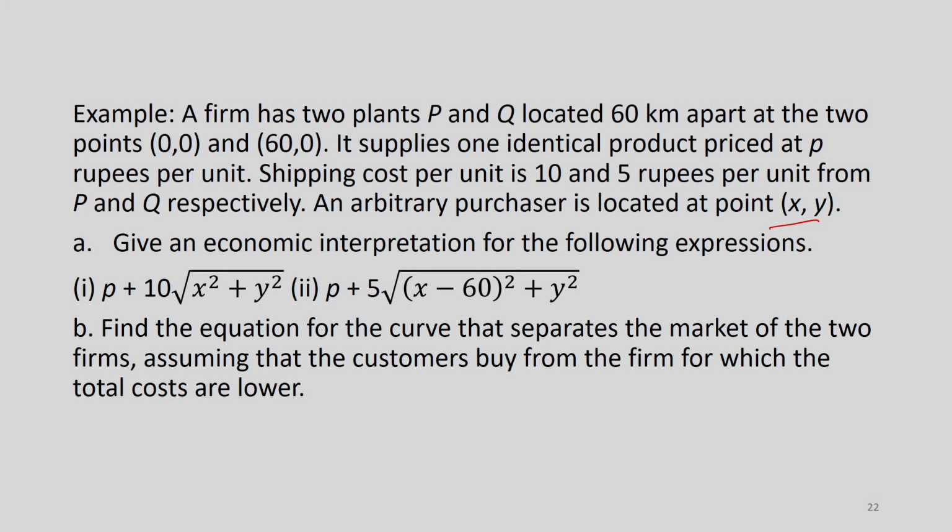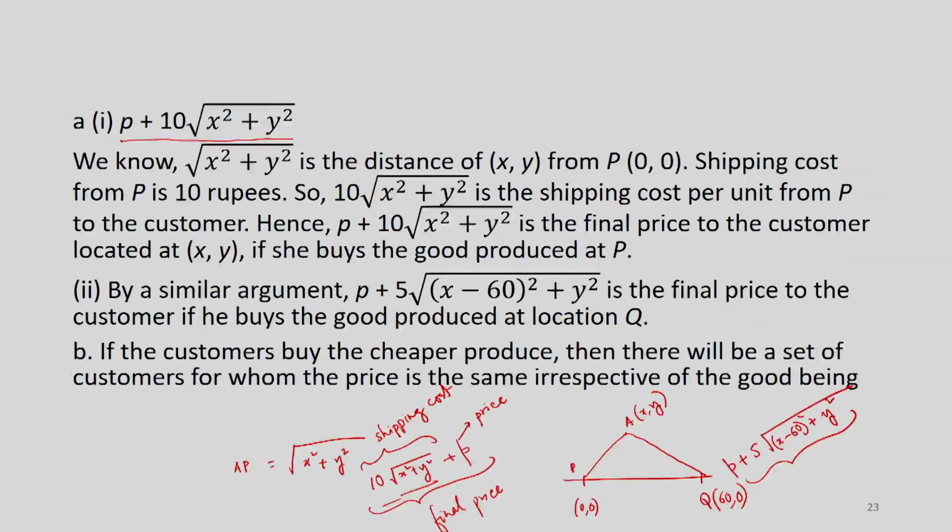One part of the market will buy from P and the other part of the market will buy from Q. So, we have to find that curve which separates these two markets. An assumption is that any customer will buy the good from that firm or from that location where the price is lower.